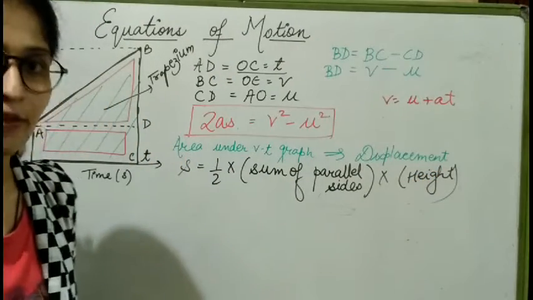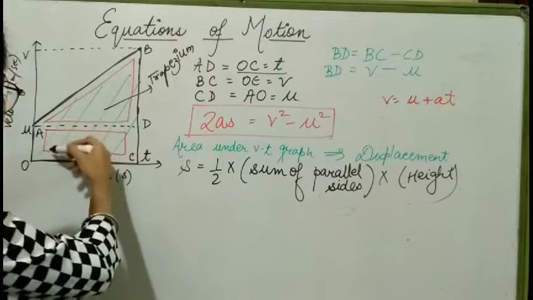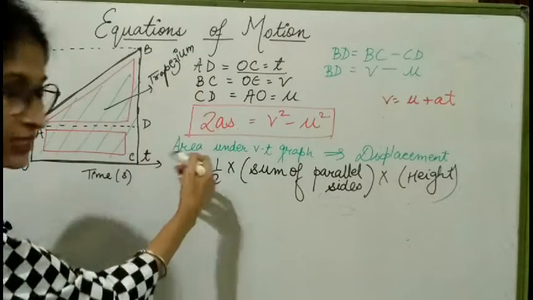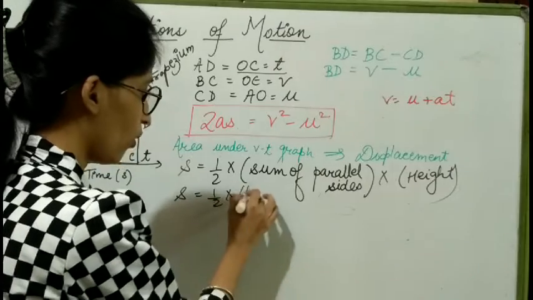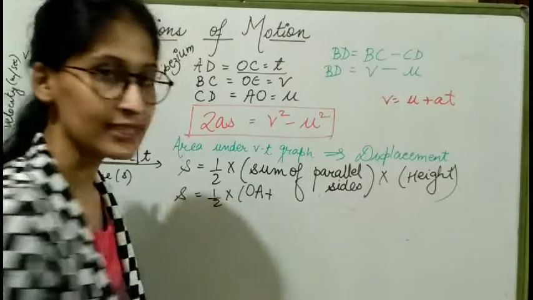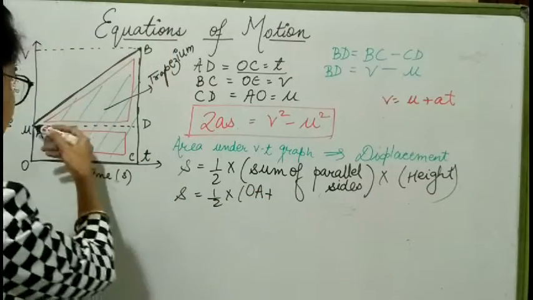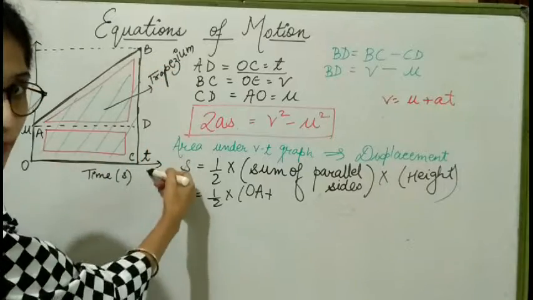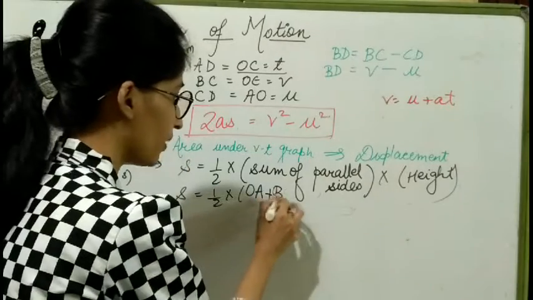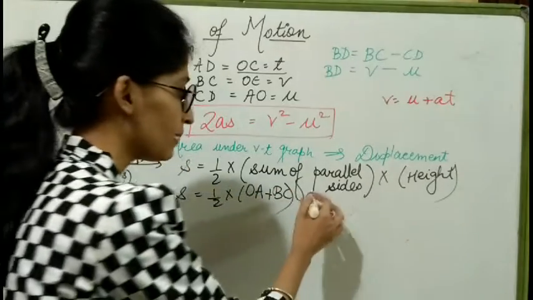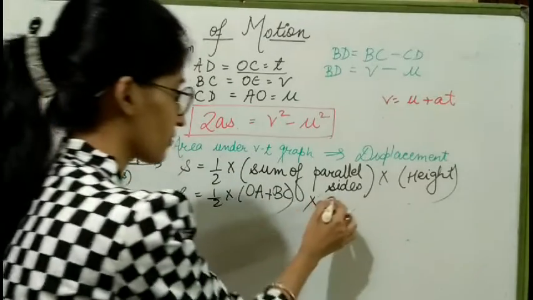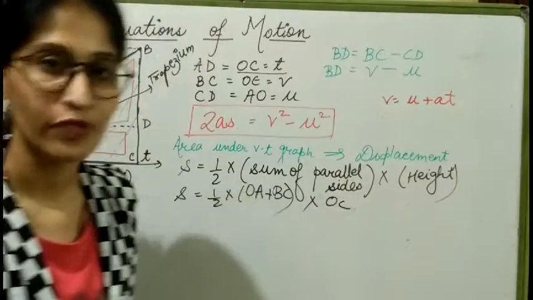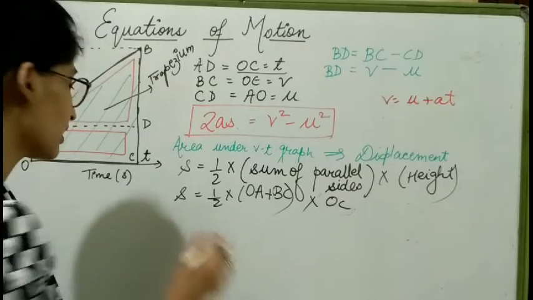In this case, our parallel sides are OA and BC. So S equals half OA plus BC, the sum of parallel sides, multiplied by height. Height is OC.